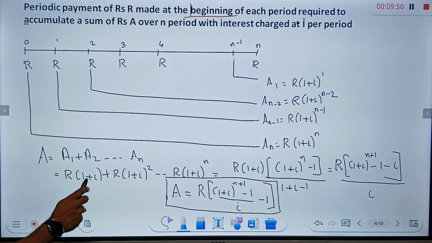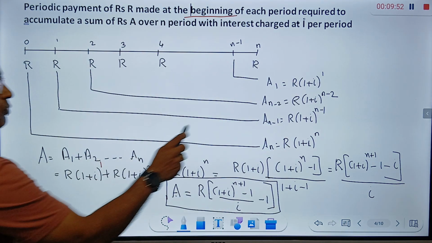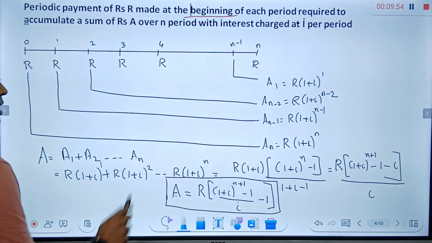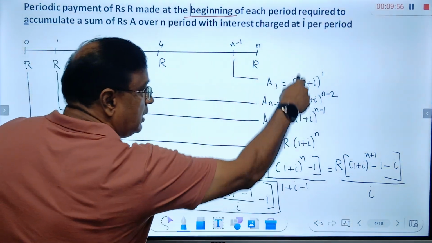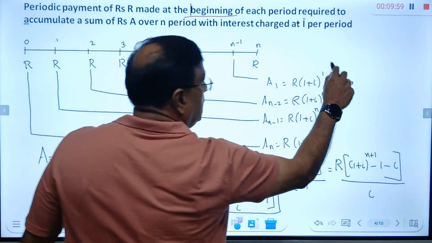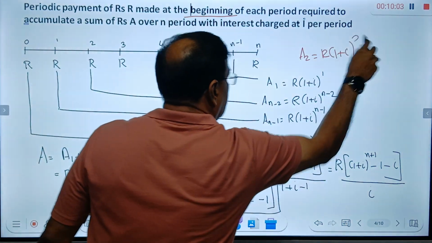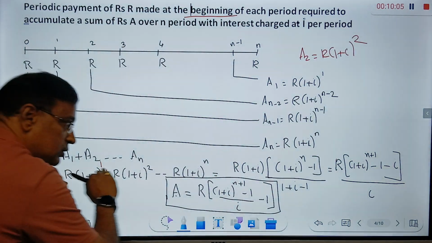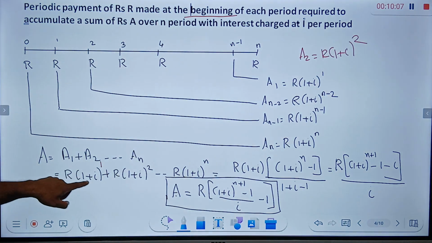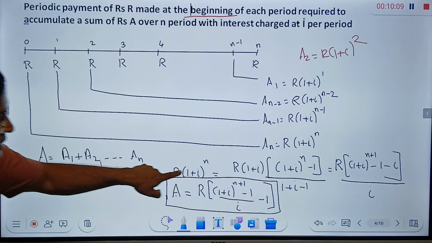You get R into (1 plus i), and so on. A2 will be R into (1 plus i) whole square. So I keep adding all the amounts: R into (1 plus i), R into (1 plus i) whole square, and so on.